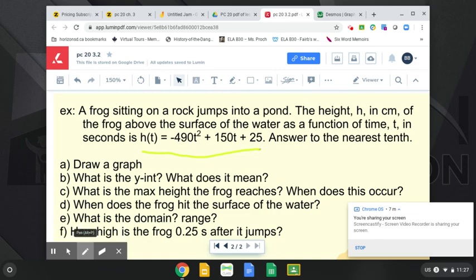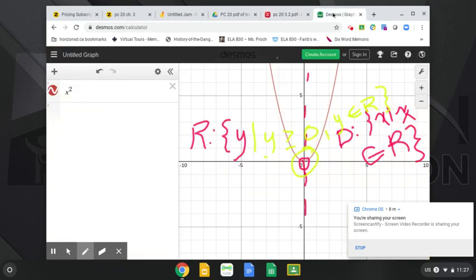You need your answer to the nearest tenth. The first part, A, says draw graph. Just go into Desmos and write that there for yourself. Once you do that, let me clear all of this stuff here.